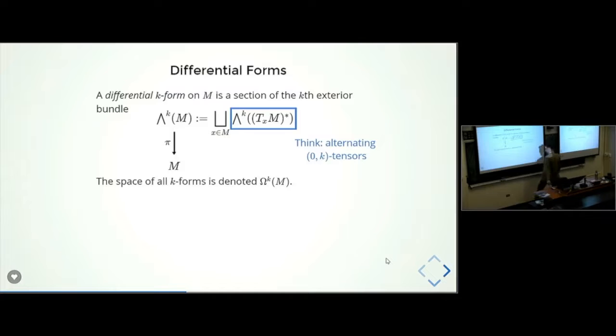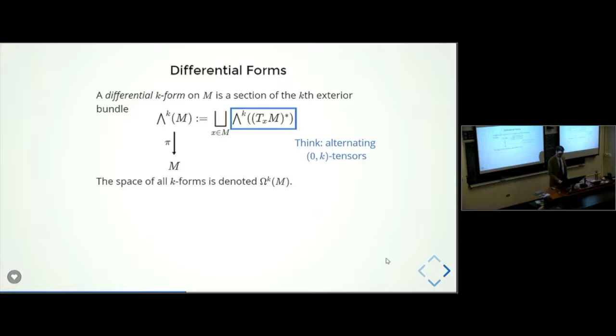So if you have xi1, up to xik, that's the same as the sign of the permutation times x sigma i1 up to x sigma ik. And there's some annoying k factorial factor that I'm not going to worry about.